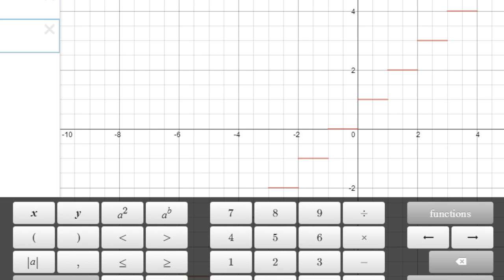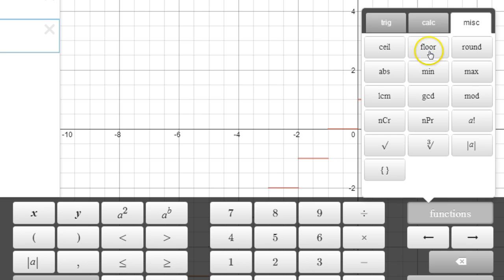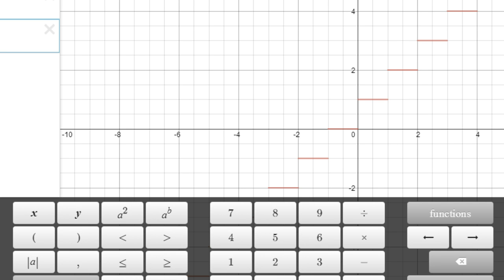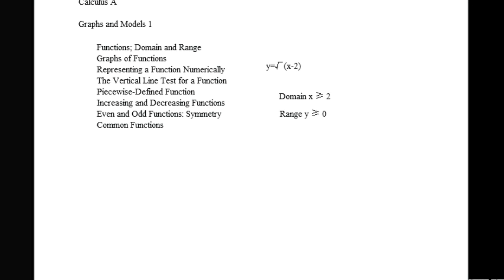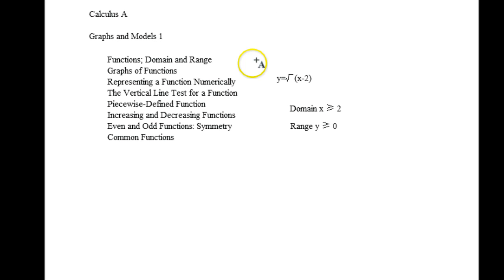If I did a floor version of x, it would look like a step down from it. Ceiling covers one spot, floor covers the other spot. They just appear over each other, and it's kind of cool how it works. So that is a piecewise function.